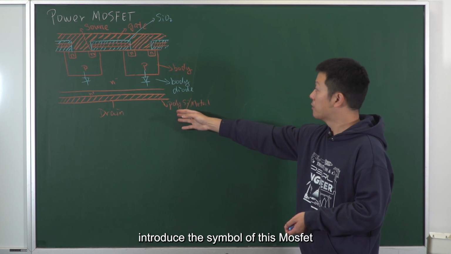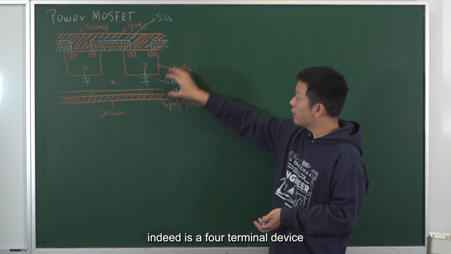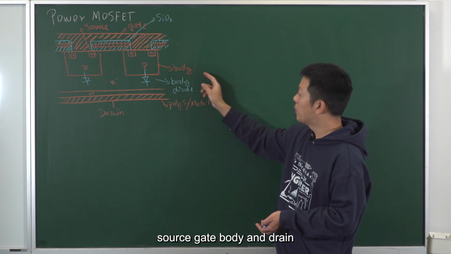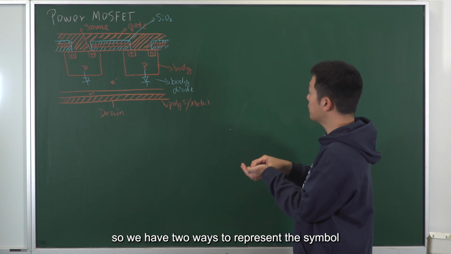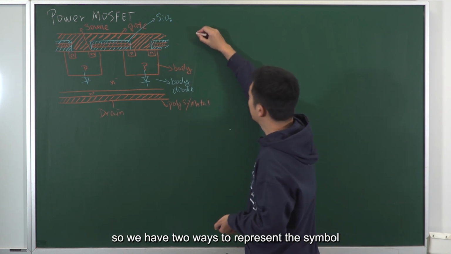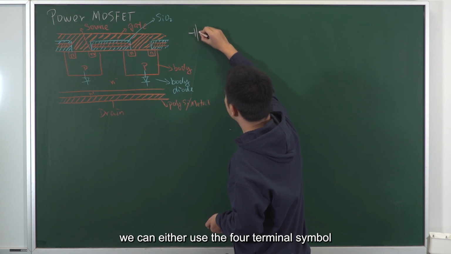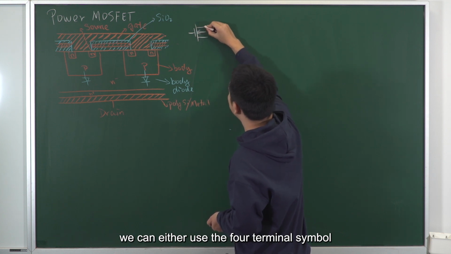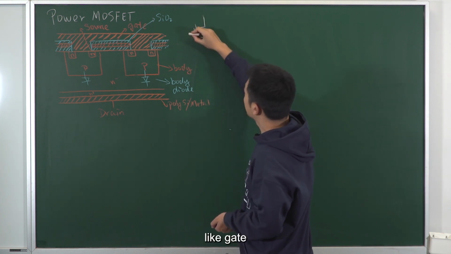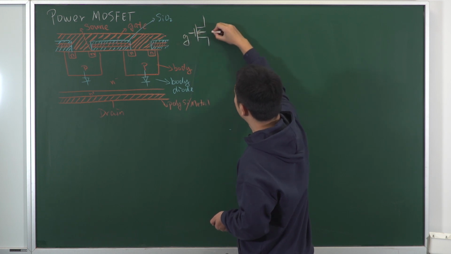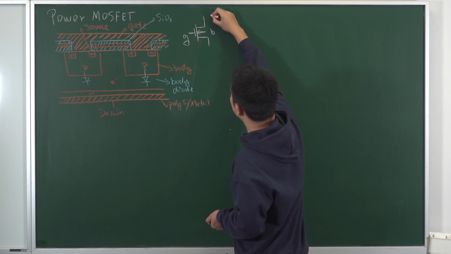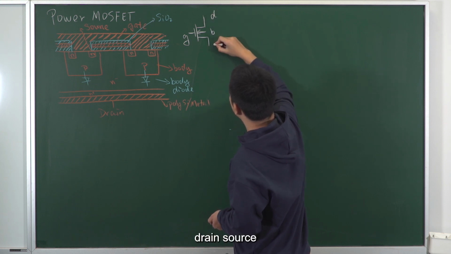Okay, so correspondingly, we can introduce the symbol of this MOSFET. Indeed, it's a four-terminal device: source, gate, body, and drain. Right. So we have two ways to represent the symbol. We can either use the four-terminal symbol, like gate, body, drain, source.